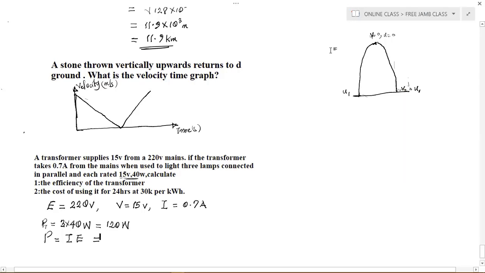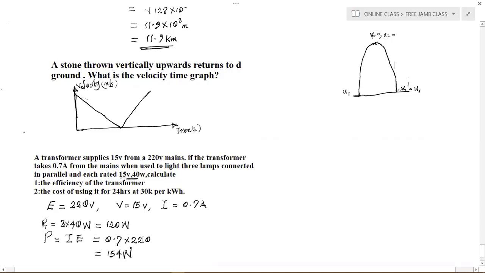And that will give us 0.7 times 220, which will be 154 watts.